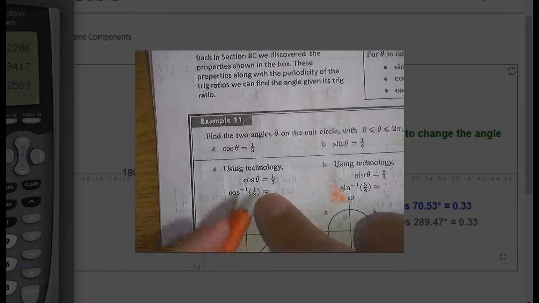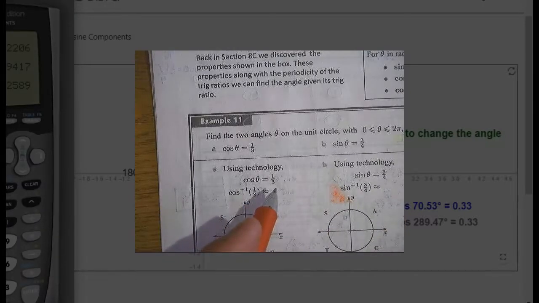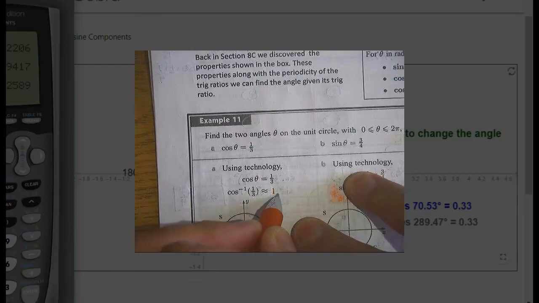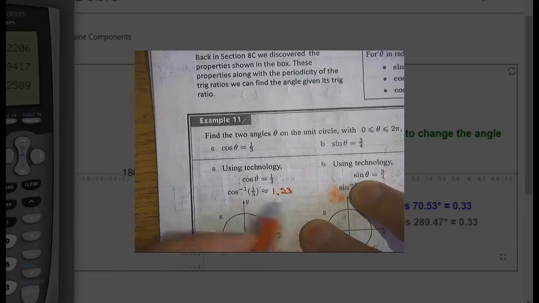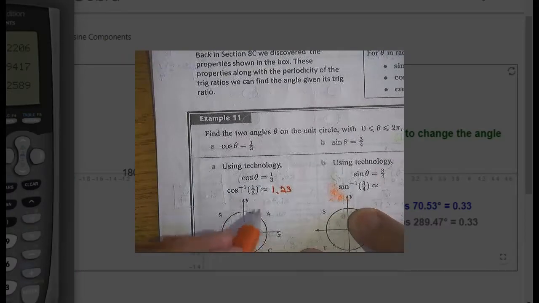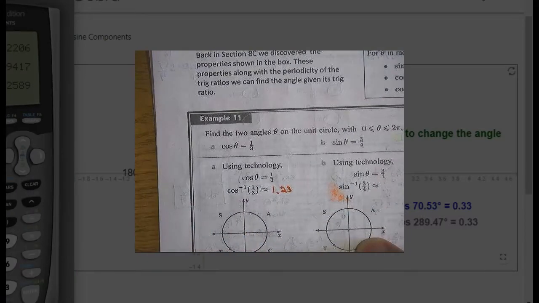So when we did this on our calculator, in radians, we got 1.23. So that's one angle. So theta is 1.23.